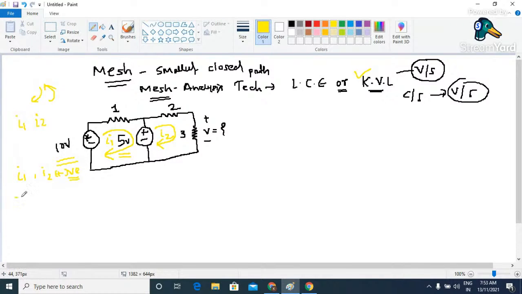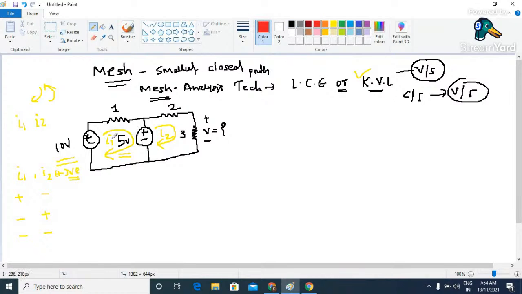If I get I1 positive but I2 negative, then I1 is flowing clockwise but I2 is flowing anti-clockwise. If I1 is negative and I2 positive, then I1 is anti-clockwise whereas I2 is clockwise. Or if both are negative, the actual directions of current through both meshes are anti-clockwise. So this is the basic sense while solving mesh analysis.